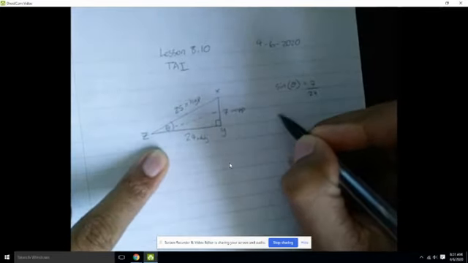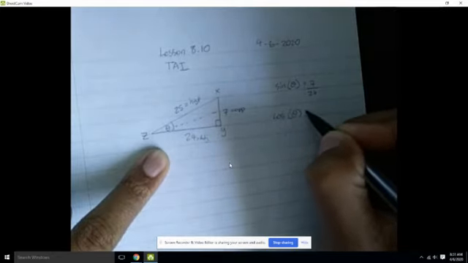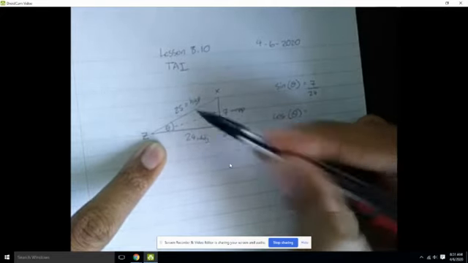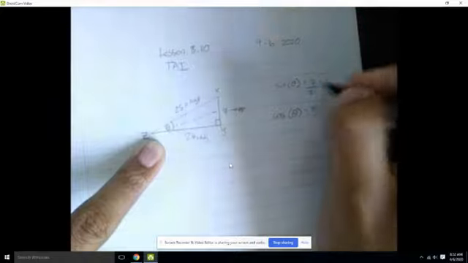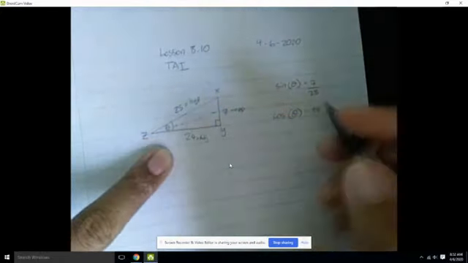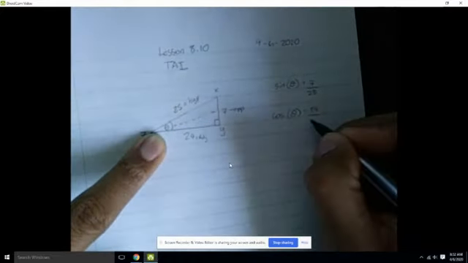We could use the cosine of theta, which would give us adjacent over hypotenuse, which would be 24 over 25.